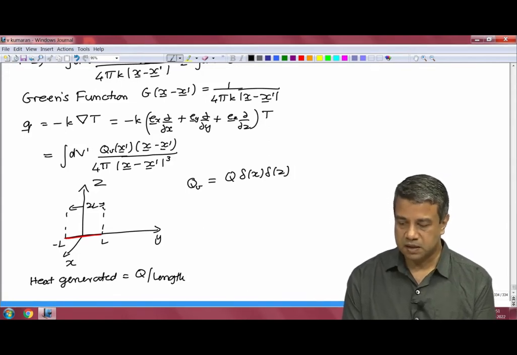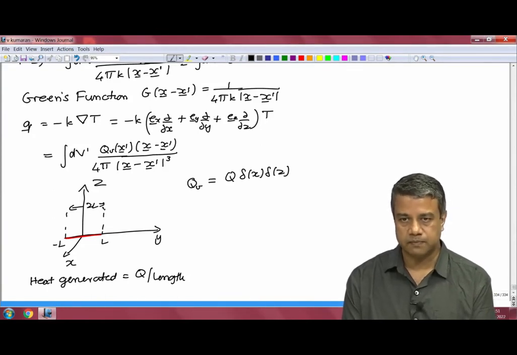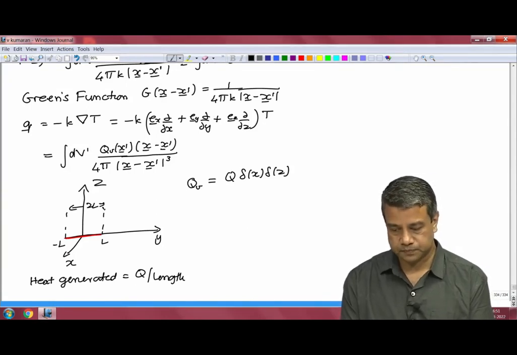Heat generated is Q per length, deltas have each dimensions of 1 over length. So, the volumetric source has dimension of heat generated per length cubed per unit time, or heat generated per unit volume per unit time.